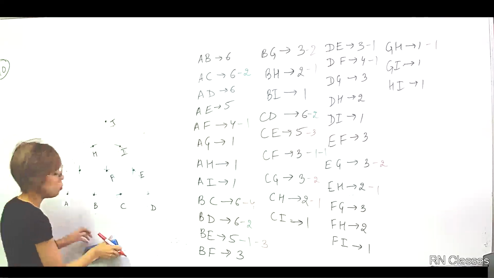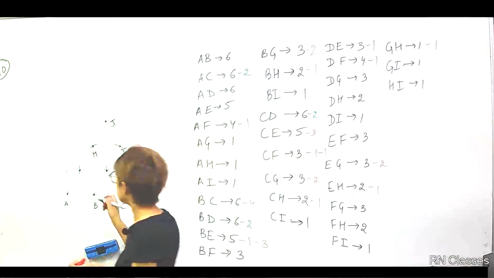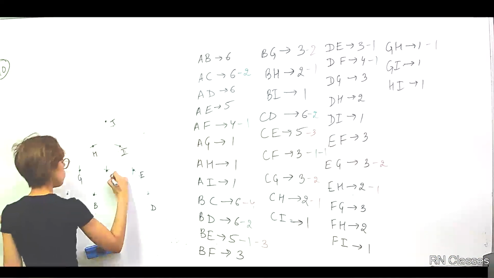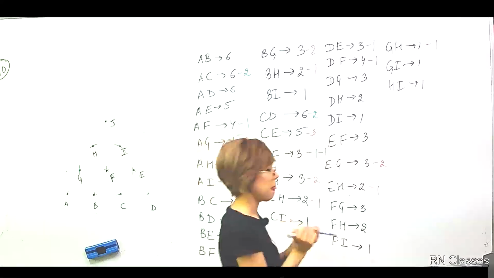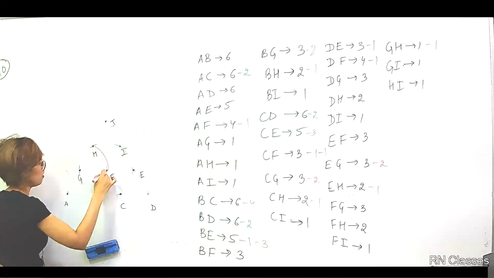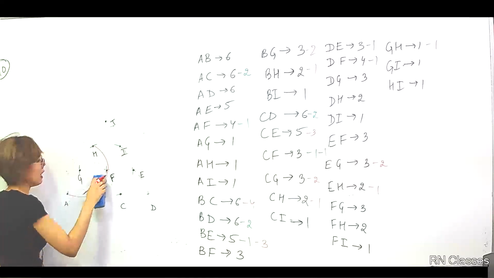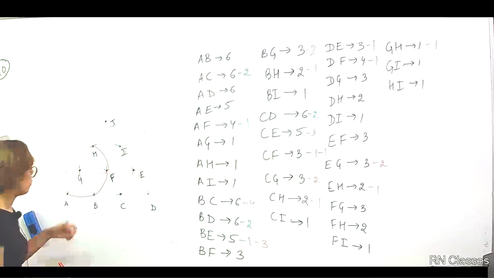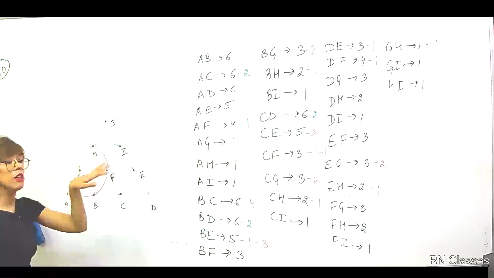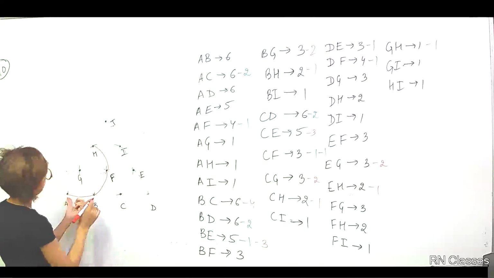Let's move ahead. Now with G as the center, my circle would be something like this. Again, it is passing through 4 points: 1, 2, 3, 4. I clearly don't want that. So AB: 1, 2.